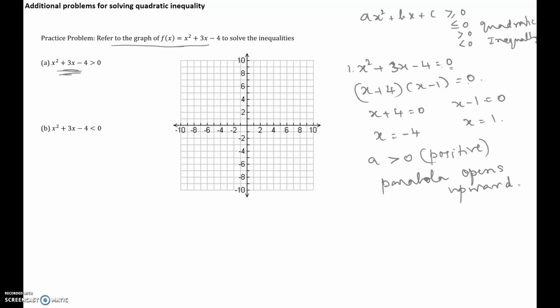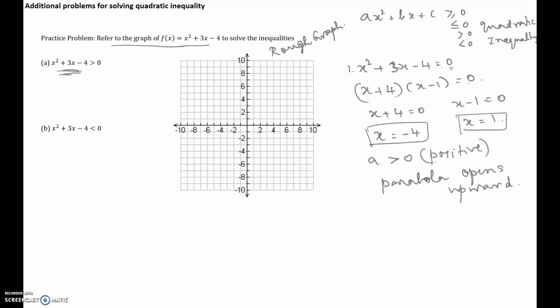So we are only going to graph a rough sketch of this. The question is about solving the inequality, not about graphing.